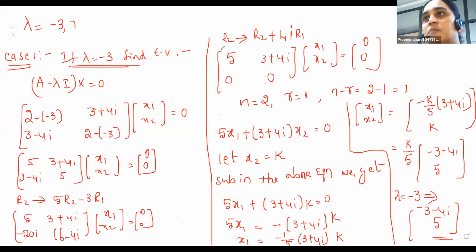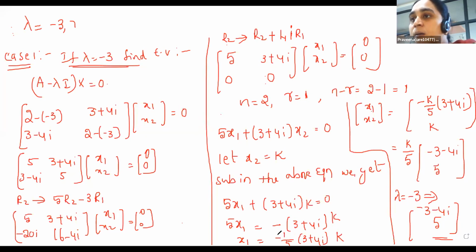Okay ma'am, once tell from x1 is minus 1 by 3 minus 4i. See here, if we take the 5 to the RHS side, it is divided, so minus 1/5 into 3 plus 4i into k.